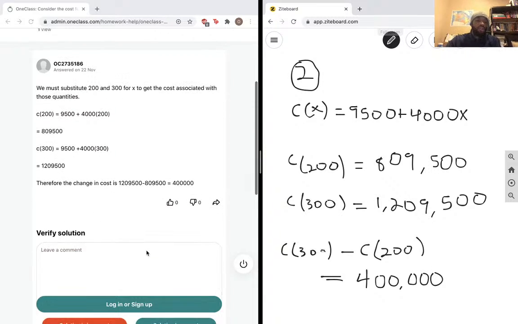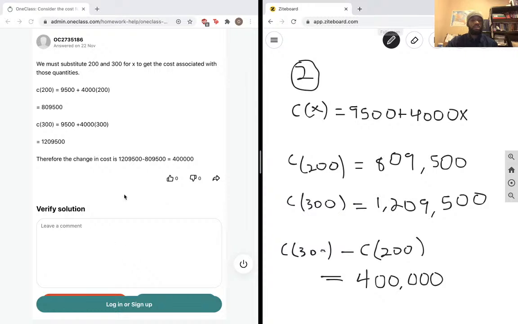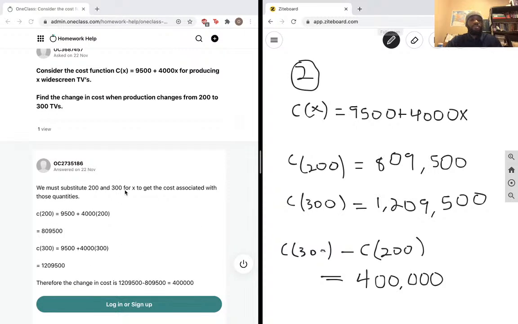And that's what our tutor did. So this is correct. So the change in cost of production from 200 TVs to 300 is an additional $400,000. So this is correct.